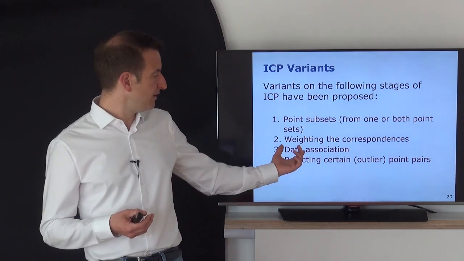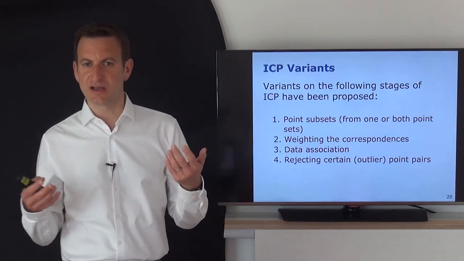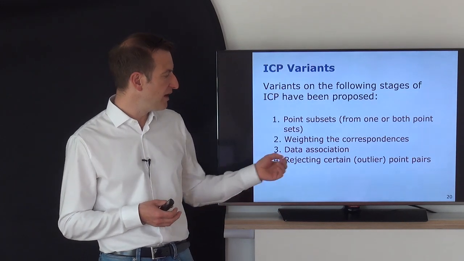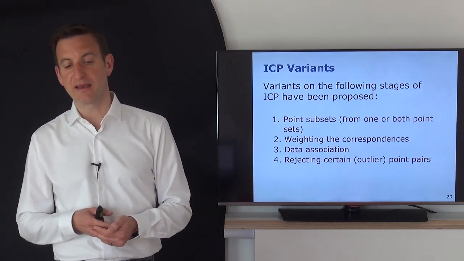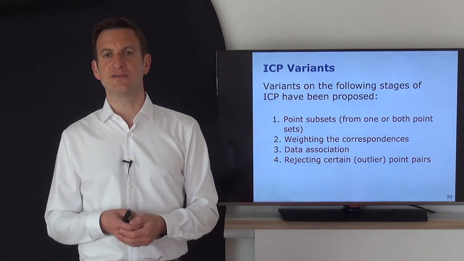Again, there are different ways on how to do the data association, like this point-to-point or point-to-plane are 2 examples for this. And I may also want to take outlier rejection techniques into account. So in practice, we will make data association mistakes.